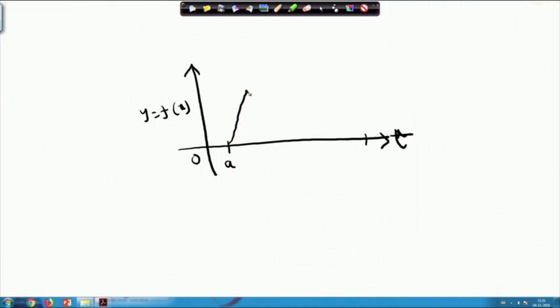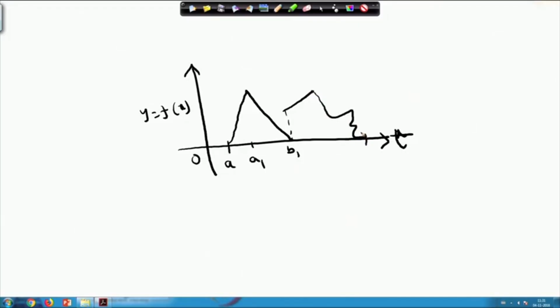In between, say a to b1, the function behaves like this, this is say a1. From this point b, again it has something like this up to this, then again from here it is coming something like this way and it is reaching here.